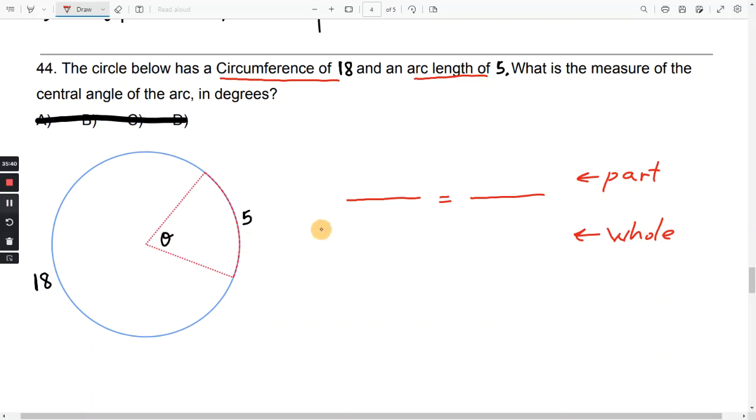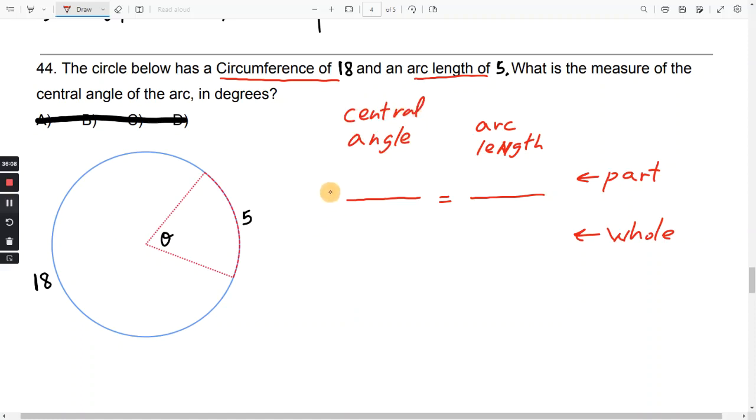So let's see. This fraction here will be the arc length. Okay. And this fraction here will be the angles. You can say central angle if you like.